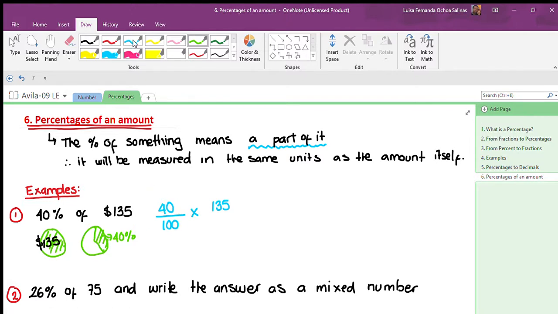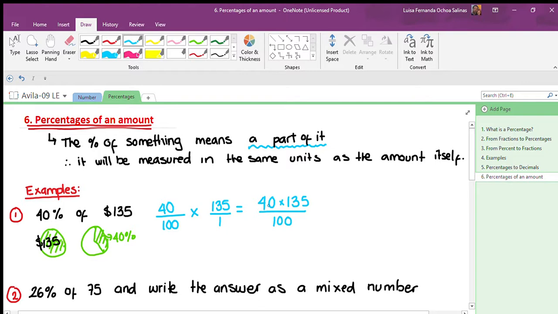Grab your calculator and look at what we have here. I can write 135 over 1, since I haven't changed anything, so I can write this as 40 times 135 over 100. I want you to do it like this because you can do this anywhere, without needing your CAS.